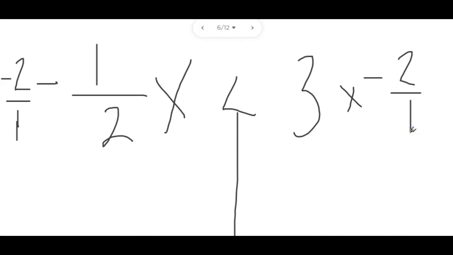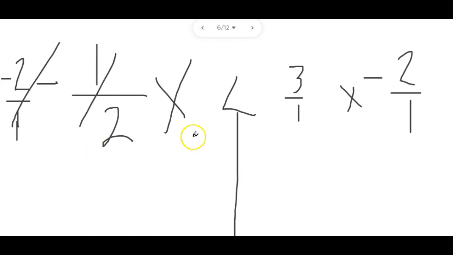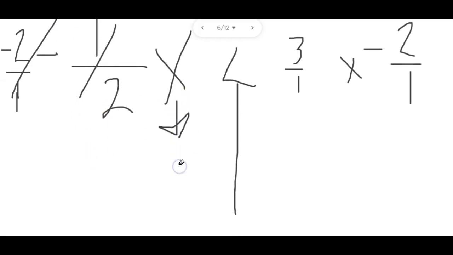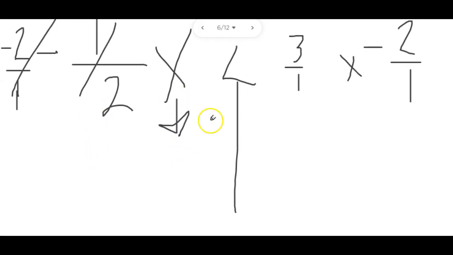Okay, so essentially on this side, I'm going to erase this and change this up just a little bit. You're basically looking at 3/1 times 2/1. Right here, these two cancel out. X drops down. We're multiplying by a negative, so the sign now flips and goes this way.